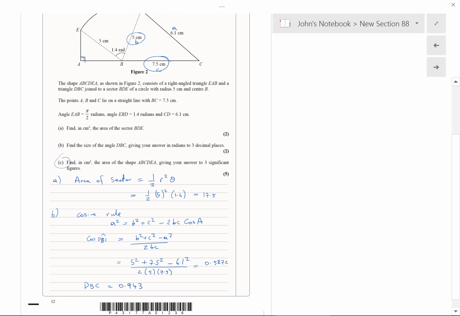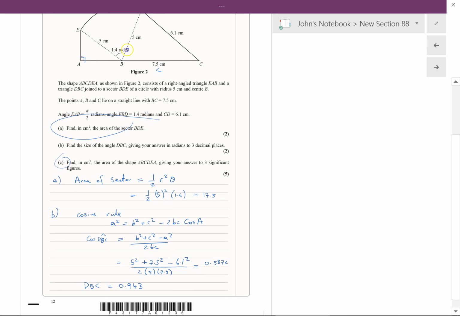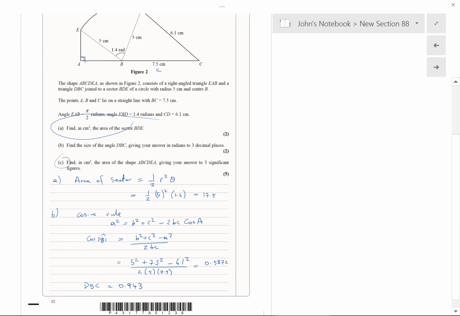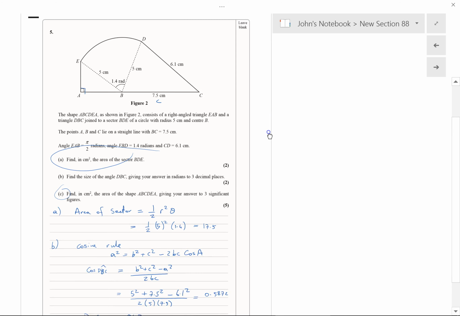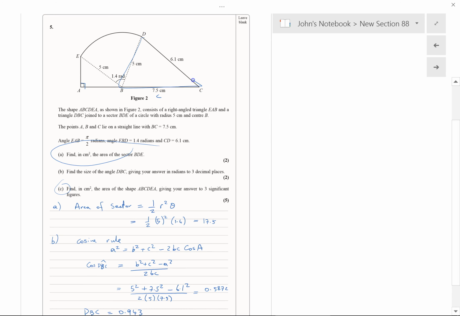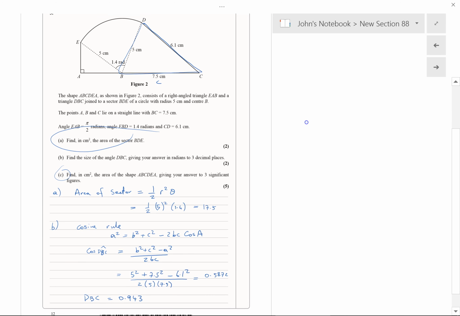Well, we've already got the area of the sector, that's our answer to part A, which is 17.5. We need to work out the area of this triangle here and the area of this triangle here. So let's just take it one step at a time.